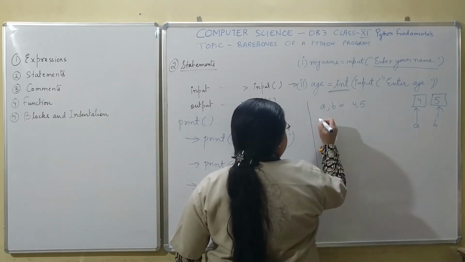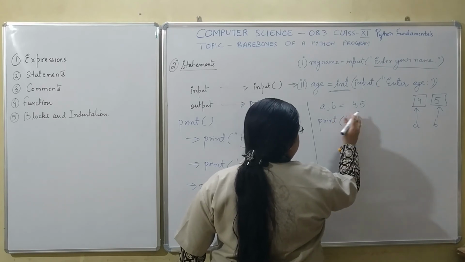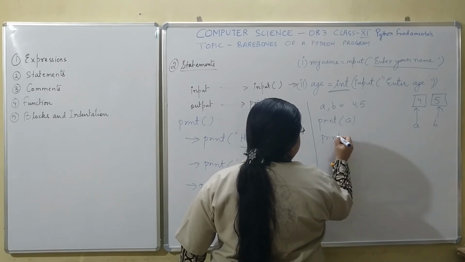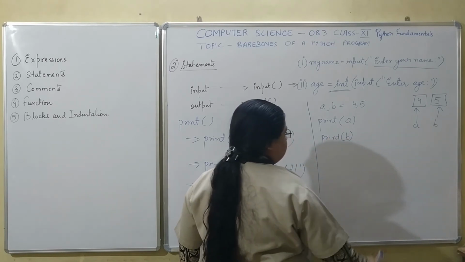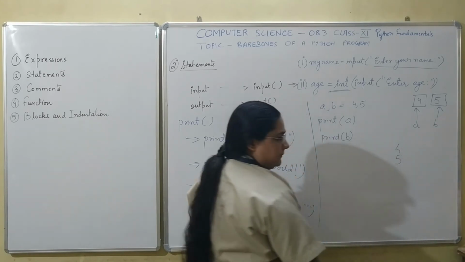So how will it be? Print, I write here a and then I write print b. So in this case 4 and 5 would be printed on the separate line.